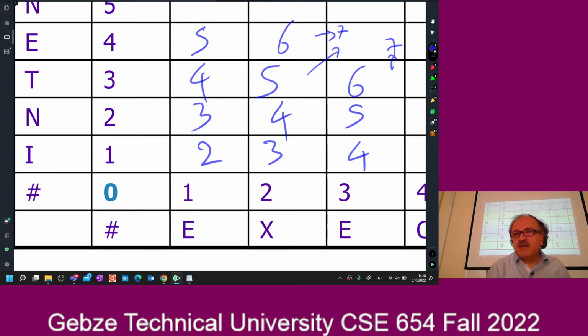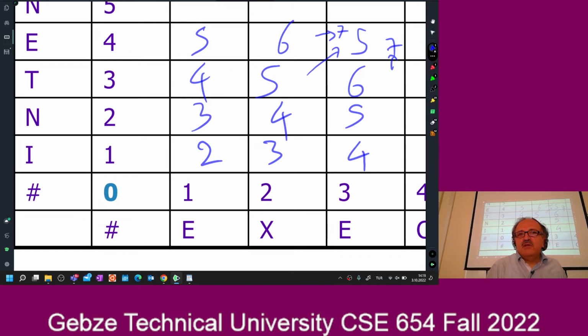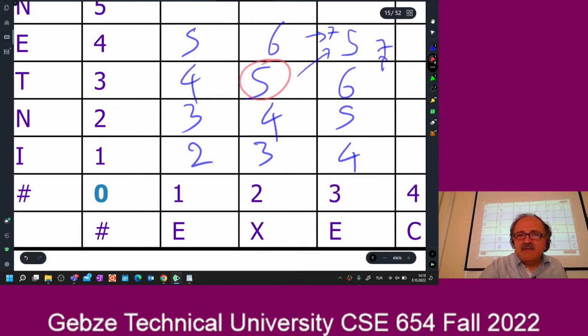Because I am replacing E with an E. I don't have to do anything. So this is going to be just 5. If I follow this path, to come to this place, I will have either this place or this, doesn't matter. But I will definitely follow this path, and it's going to be 5.